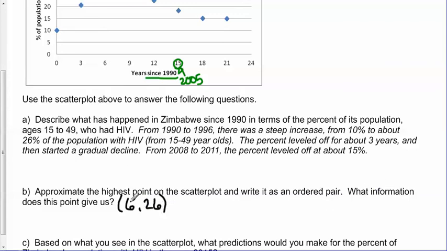What information does this point give us? Well, remember the 6, that was the years since 1990. So what year would that be? It would be 1996.